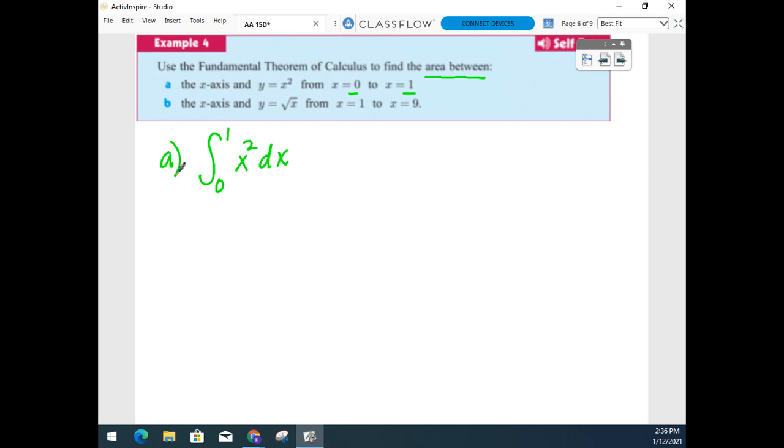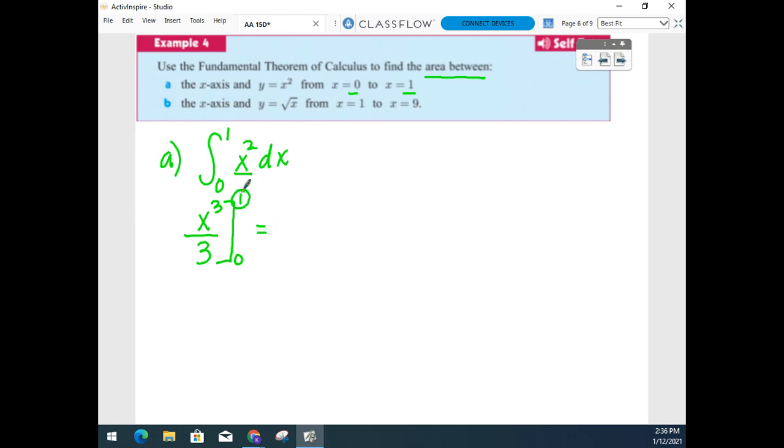So first we're going to find the antiderivative. Take your x squared, add 1, and divide. I'm going to write this like this and carry down my 0 to 1. This is just the notation that is easiest to use.